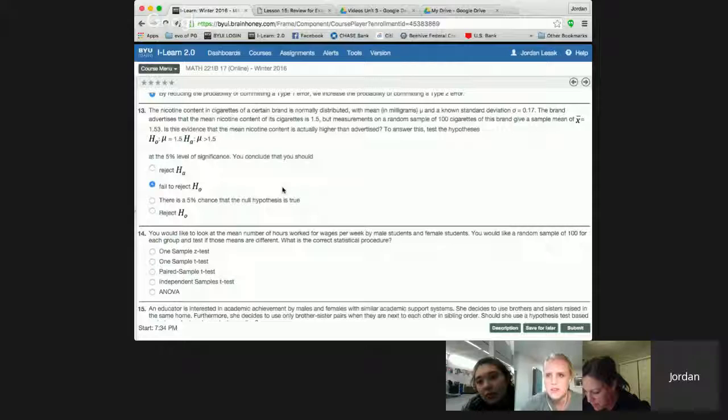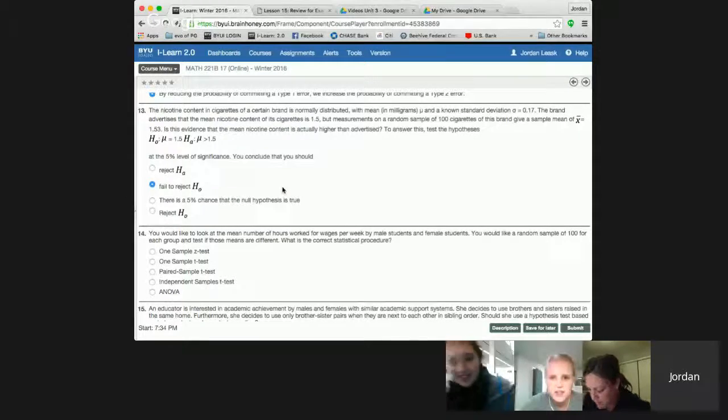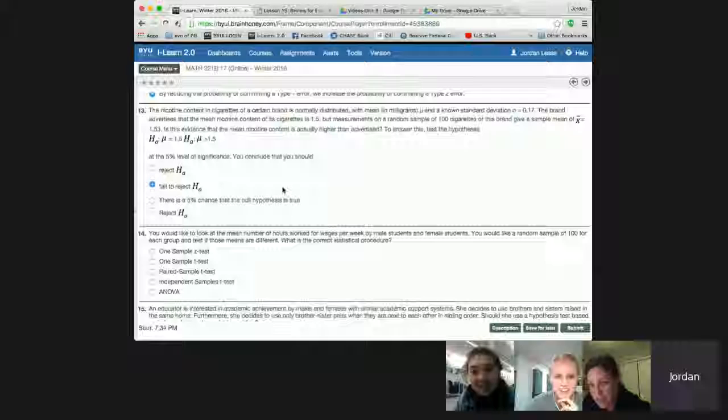One sample z-test. Yes, and why? Because I know I need to find a z-score to find a p-value. Well, you need to find a t-score as well. So it's a z-test because sigma is known. We know the population standard deviation. That's what makes it a z-test.